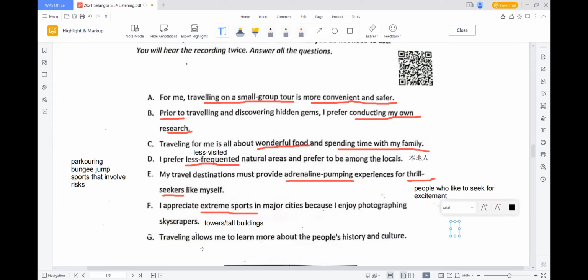Okay, the next one, traveling allows me to learn more about the people's history and culture. This one is pronounced as culture. Culture means 文化, anything has to do with people's food, practices, observations. For example, for Chinese, the way we greet people and the way Indians and Malays greet people is different.